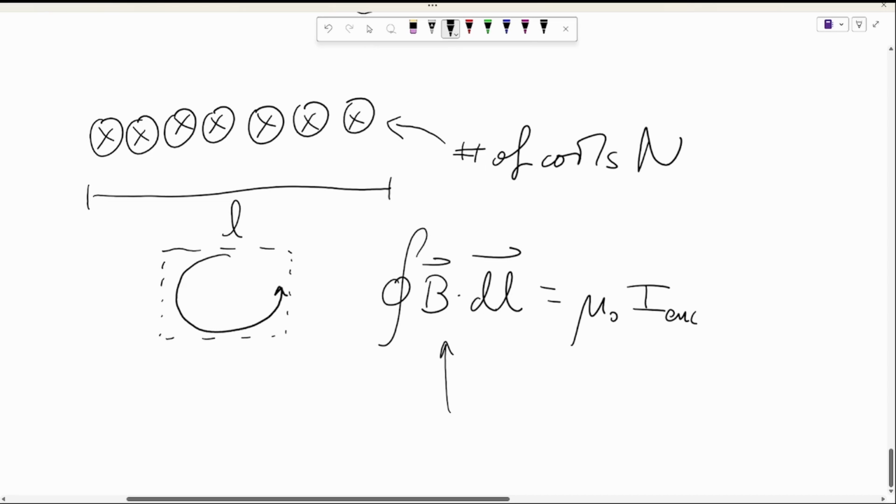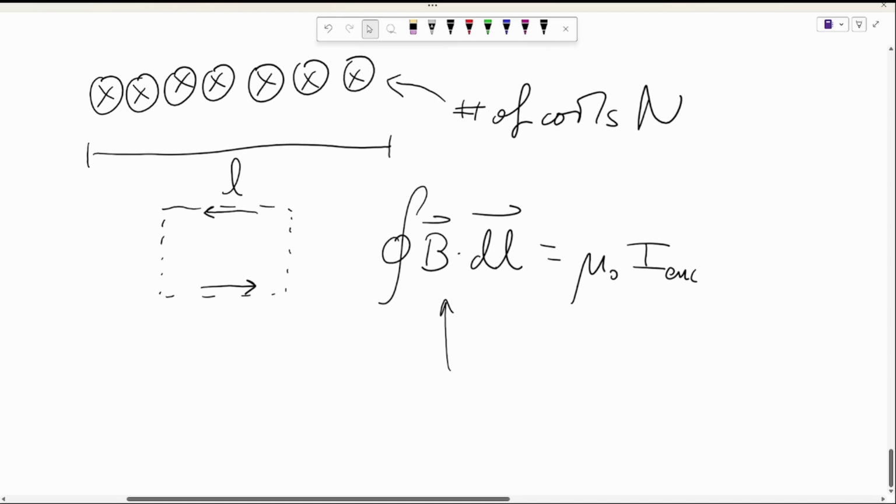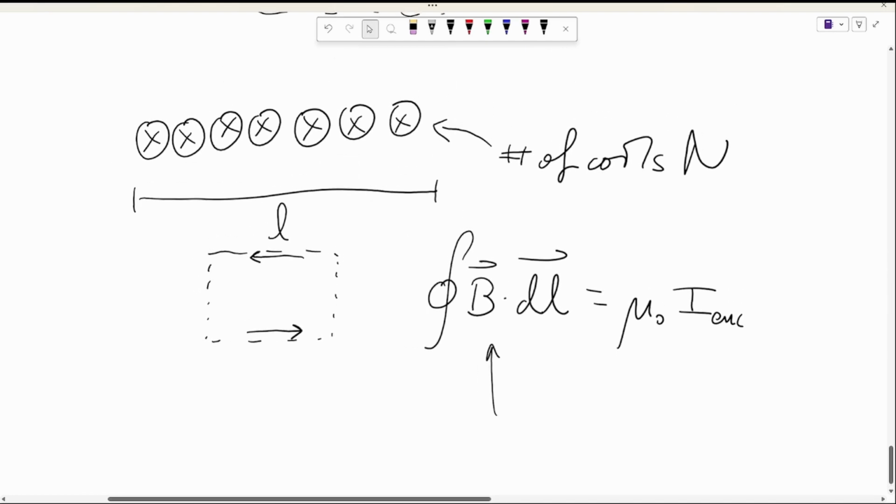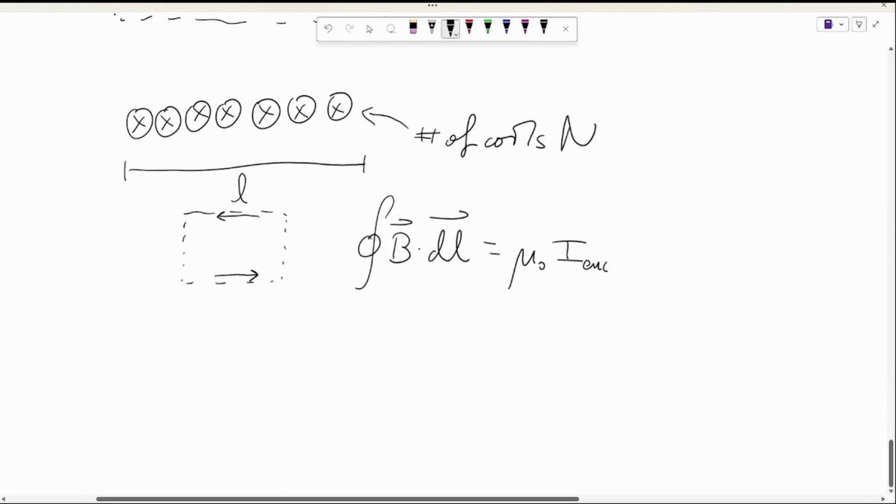You can choose which way, it'll change the sign. But if you go left along the top edge, then you're going right along the bottom edge. So the amount of field along each edge must be the same in order for this to work out with no current enclosed. That's important because we can draw this surface however we want.